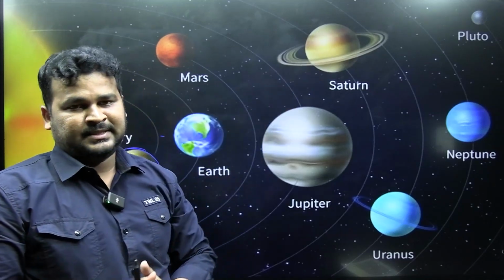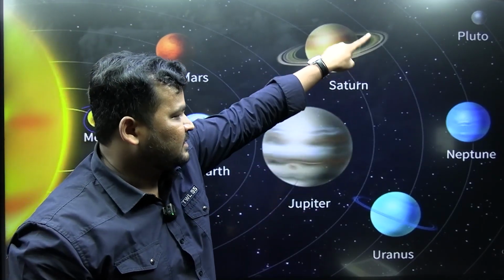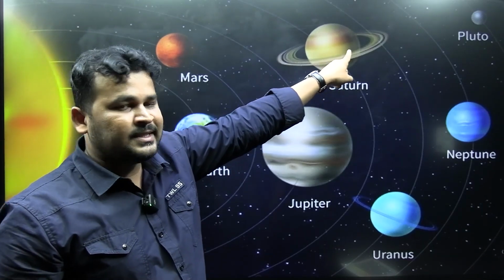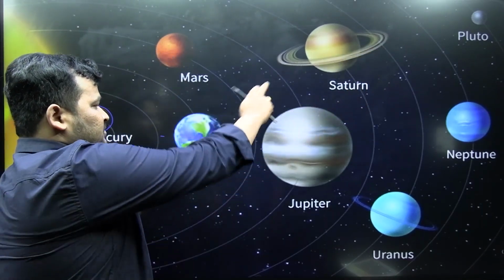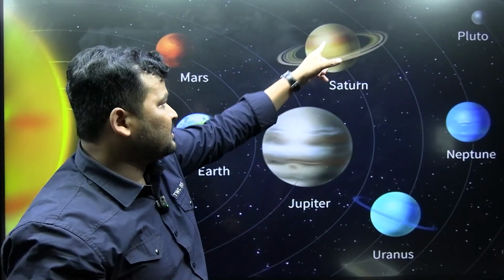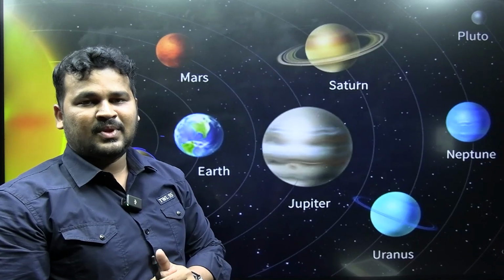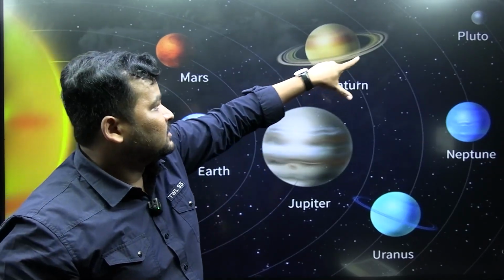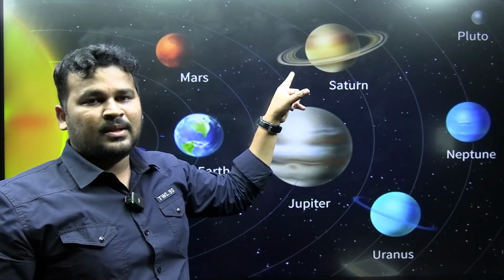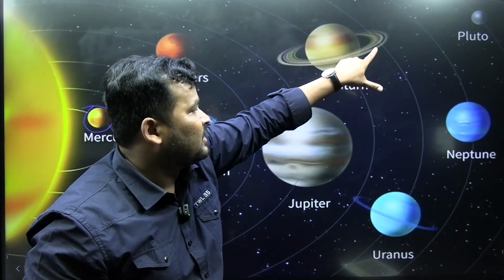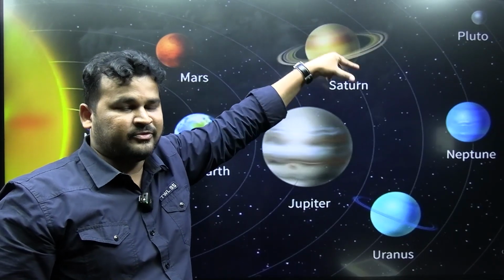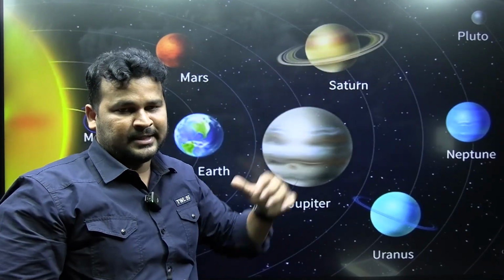Next, Saturn. Saturn has rings. We can see Saturn from the Earth without any devices. It has satellites moving around it. Among them, Titan is a satellite of Saturn, which is the biggest one.